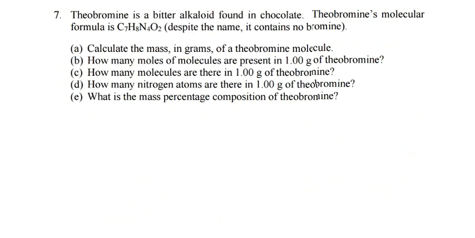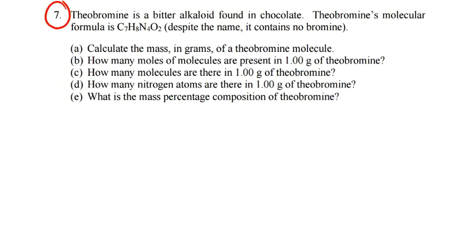Now we are on question 7. If you are registered on our site, I recommend you watch a video where we introduce the concept of Avogadro's constant. Theobromine is a beta alkaloid found in chocolate.